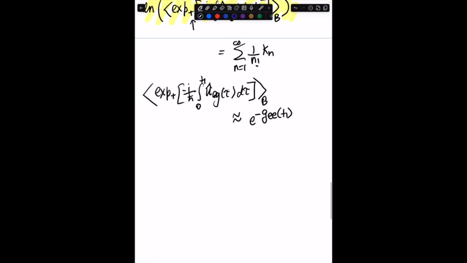And this is just your dephasing function under the second cumulant approximation, and this function g e e t is known as your line shape function.